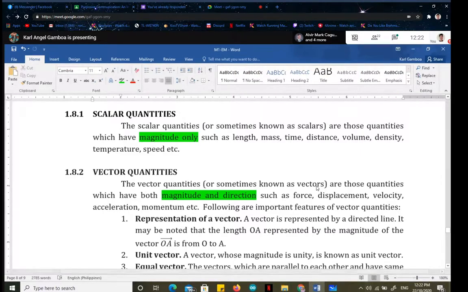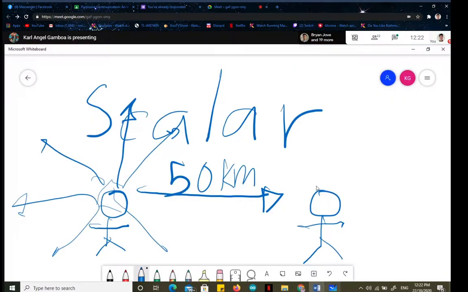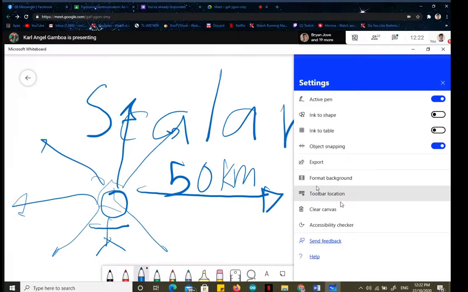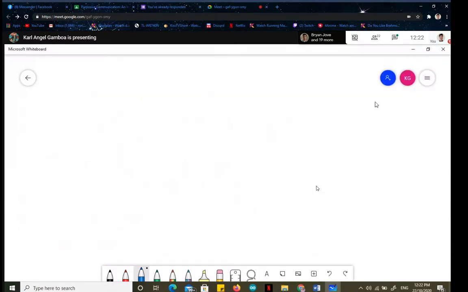For example, guys, here in our drawing, an example of a force that has an orientation is, for example, you're now standing on a plane. Wait lang. So you are now standing somewhere on the earth.